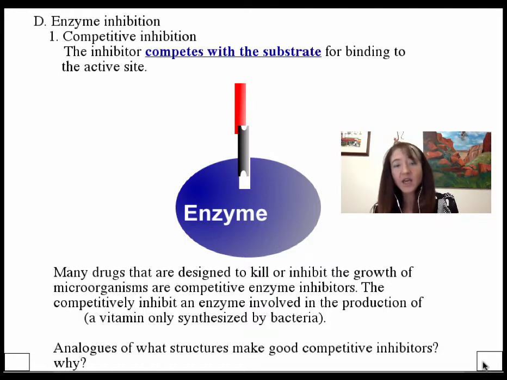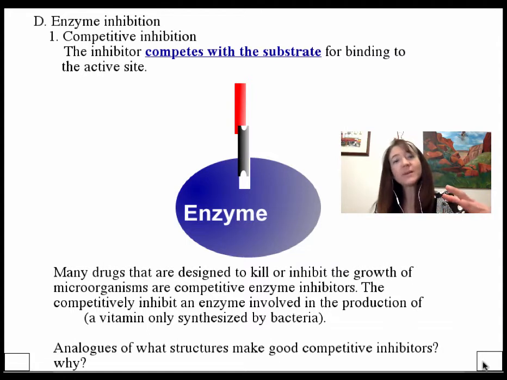Now, if we think about why that could possibly be, like why would you ever have an inhibitor that could bind more tightly to an enzyme than its own substrate? Well, remember that an enzyme, what it does is it stabilizes the transition state. And in fact, enzymes bind more tightly to their transition state than they do to their substrate.